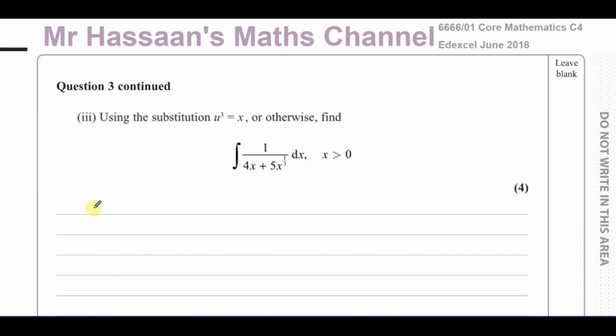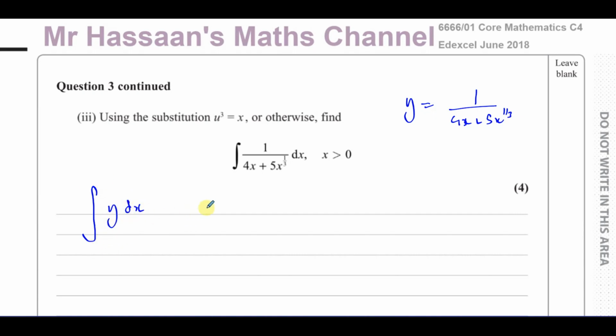Now I know that when we do substitution, what I like to do is define y as everything that I'm integrating, which is 1 over 4x plus 5x to the power of a third. That is what I am integrating. And when I use substitution, our objective, remember, is to find what y is with respect to x.